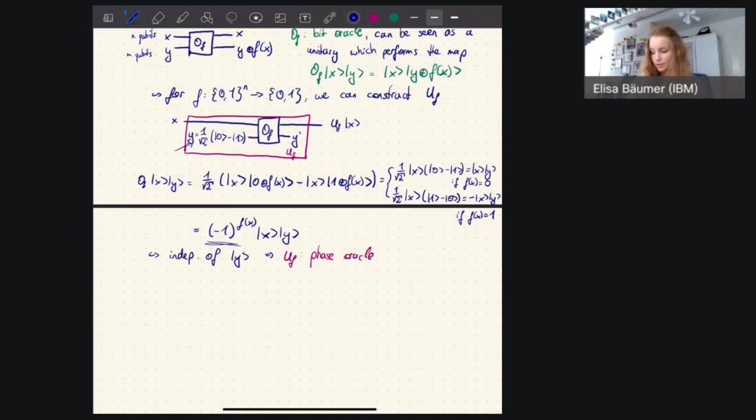It doesn't change our bits x and y, it just adds this phase. And the performance of the phase oracle is the map U of f applied to x gives us minus 1 to the power f of x times x. And we'll see that in all the algorithms that we're going to look at, we just need these phase oracles.